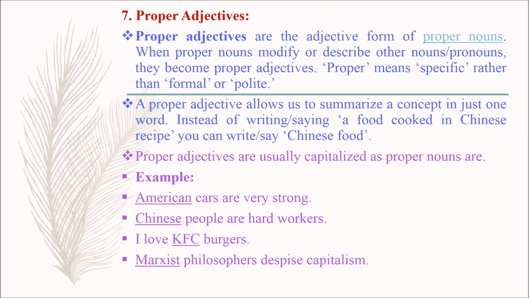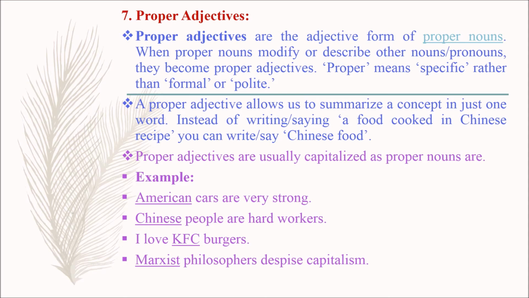Next, we are going to learn about proper adjectives. Proper adjectives are the adjective form of proper nouns. When proper nouns modify or describe other nouns or pronouns, they become proper adjectives. Proper means specific rather than formal or polite.